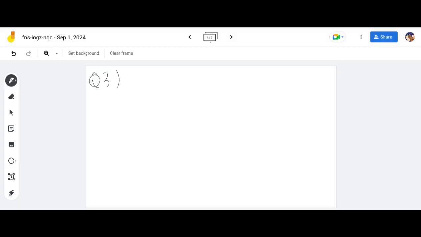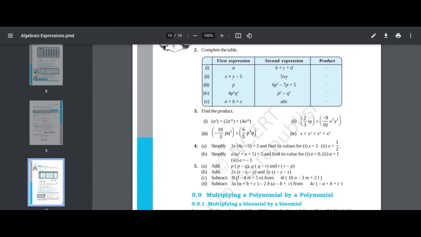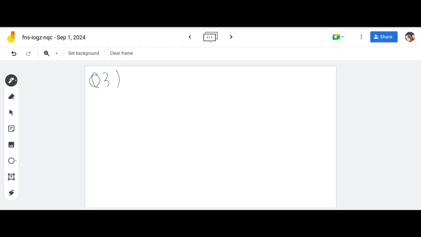So question number 3, first part says a square into 2a. Now look at the power. The power becomes very huge. 22 is the power, 26 is the power, okay? Don't get confused about why they have such a high value as a power. We can take any value as a power. Question number 3, first part, that is a square into 2a 22.